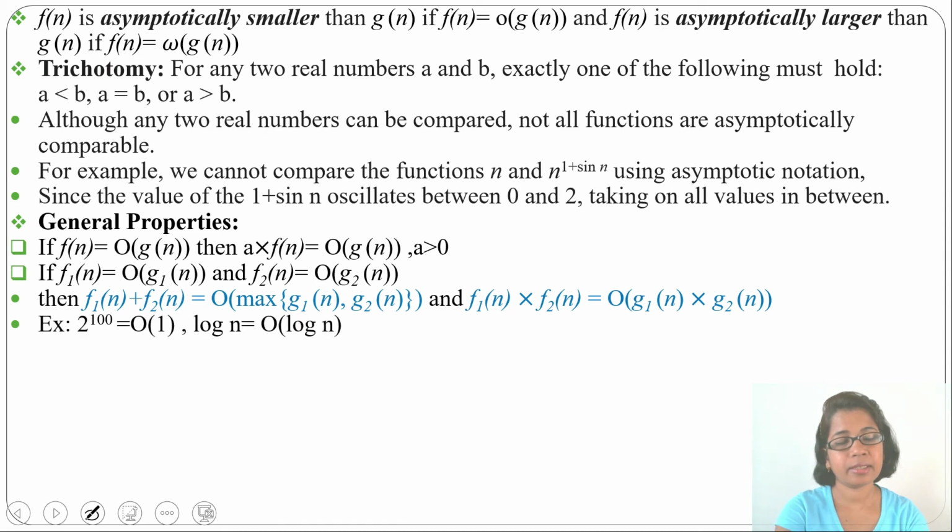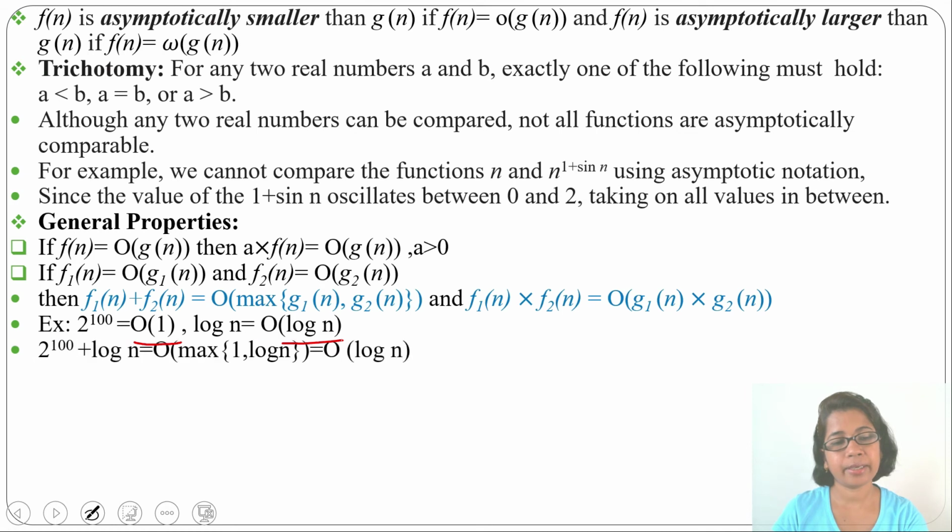Let's see one example. Suppose 2 power 100 equals big O of 1 and log n equals big O of log n. Then the addition of these two, 2 power 100 plus log n, will be big O of max of 1 and log n. From log n and 1 the maximum is log n, so you can write big O of log n.